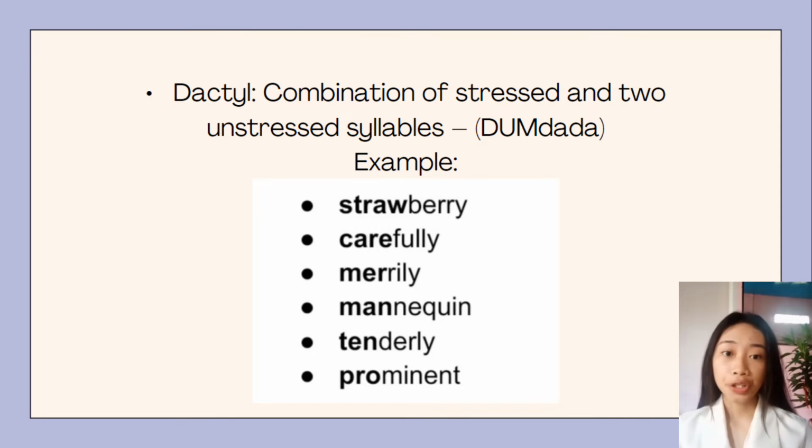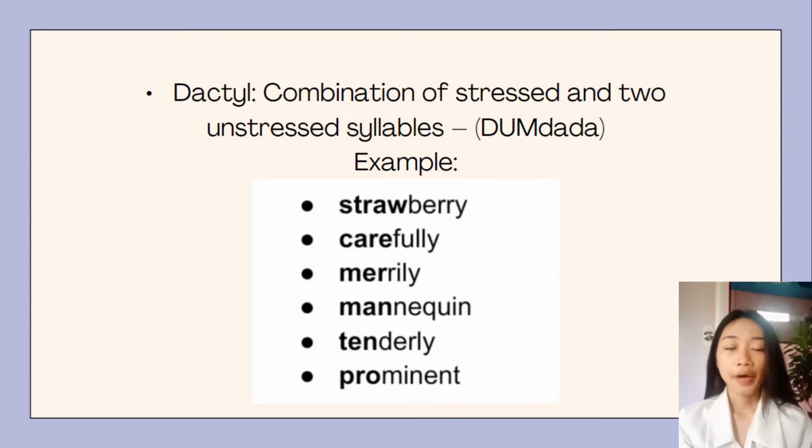The Latin word for dactyl is dactylus, which itself has the stress pattern of a dactyl: dactylus. Anapests and dactyls are frequently confused. Both are three-syllable metric feet that contain two unstressed syllables and one stressed syllable.